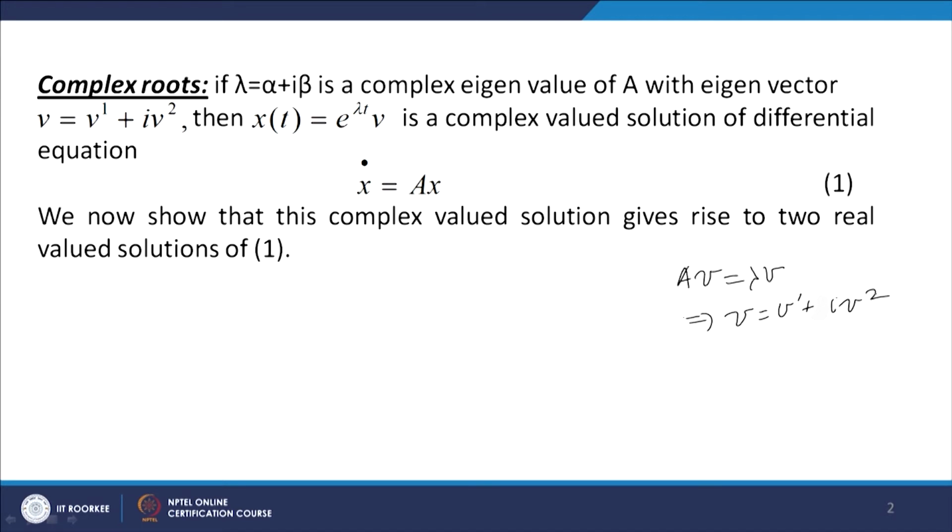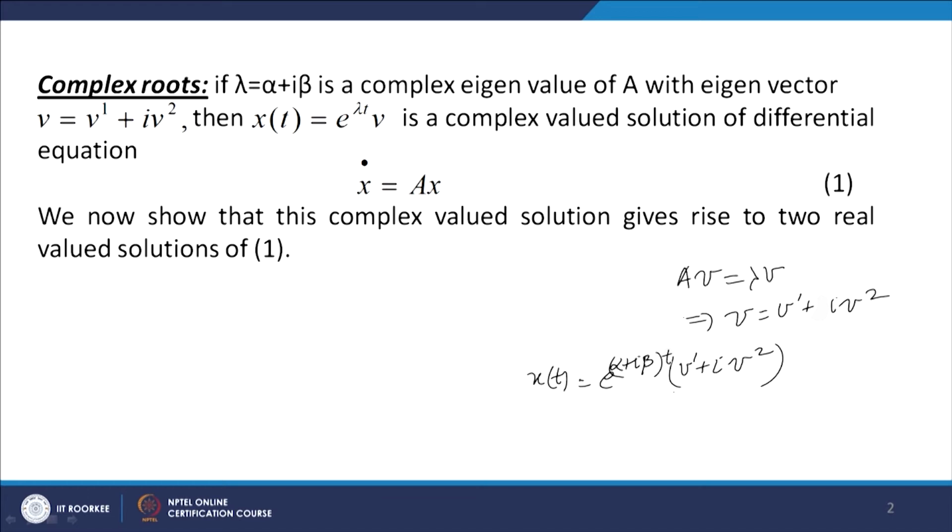So, b equal to b1 plus i b2 is an eigenvector of A corresponding to the eigenvalue lambda equal to alpha plus i beta. Then x of t equal to e to the power lambda t into v will be x of t equal to e to the power alpha plus i beta t into b1 plus i b2. So, it is a complex valued solution of the differential equation x dot equal to Ax.